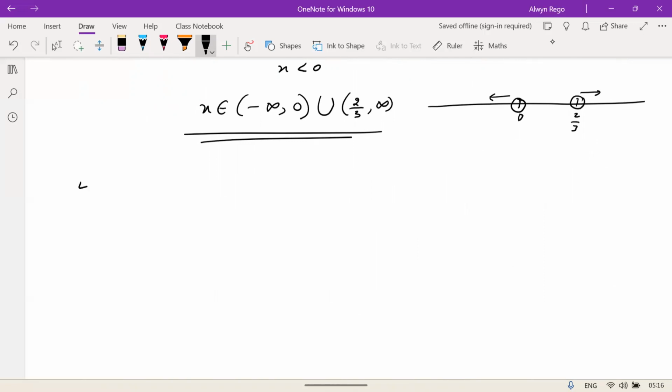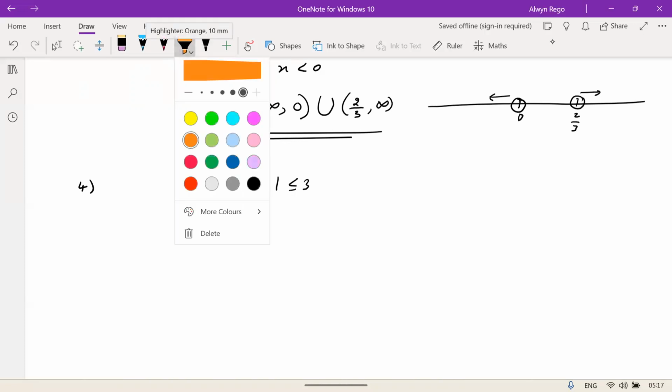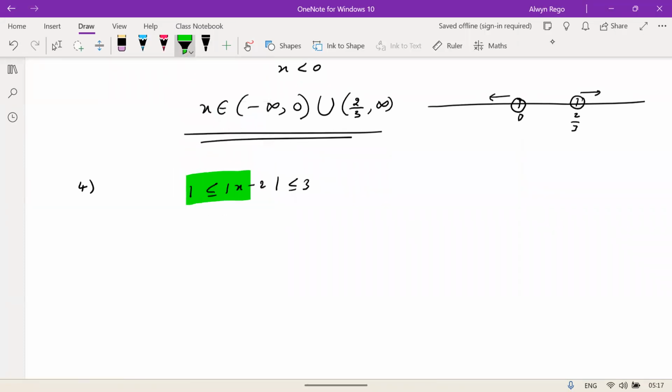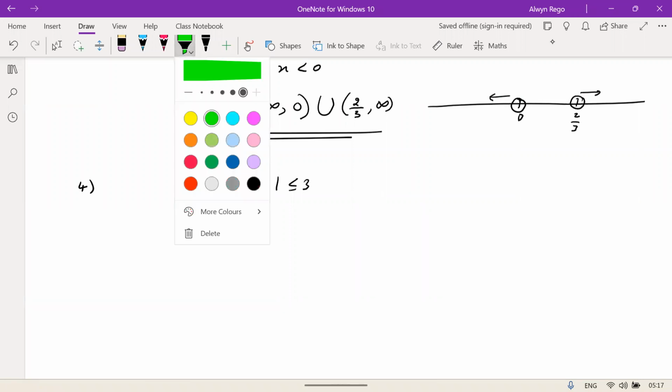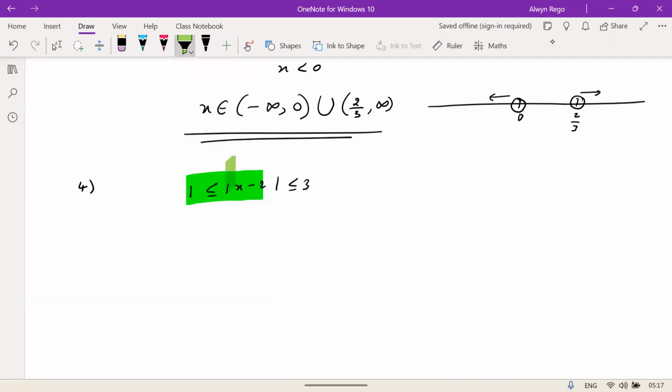The fourth one: let's say you have 1 <= |x - 2| <= 3. This becomes a system because you have the absolute value more than or equal to 1, and you can also say this absolute value is less than or equal to 3.